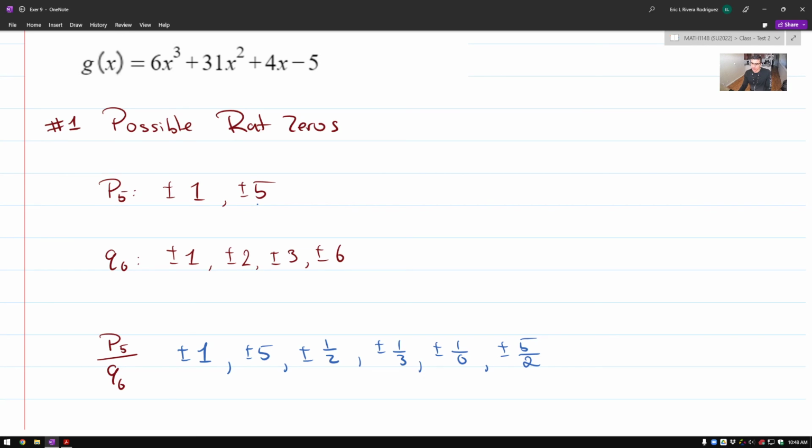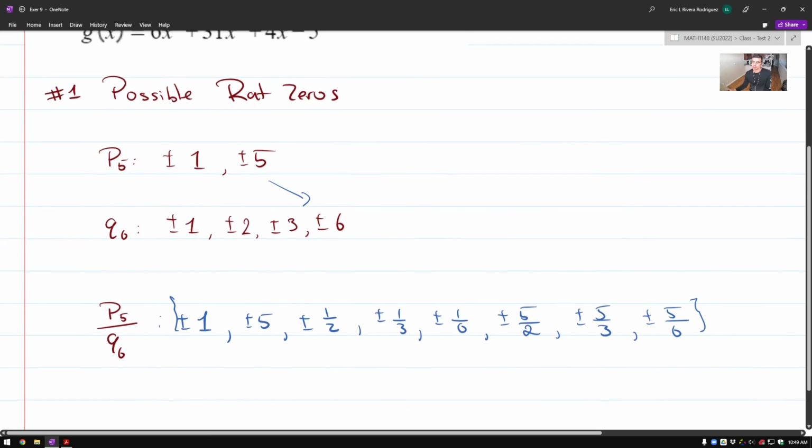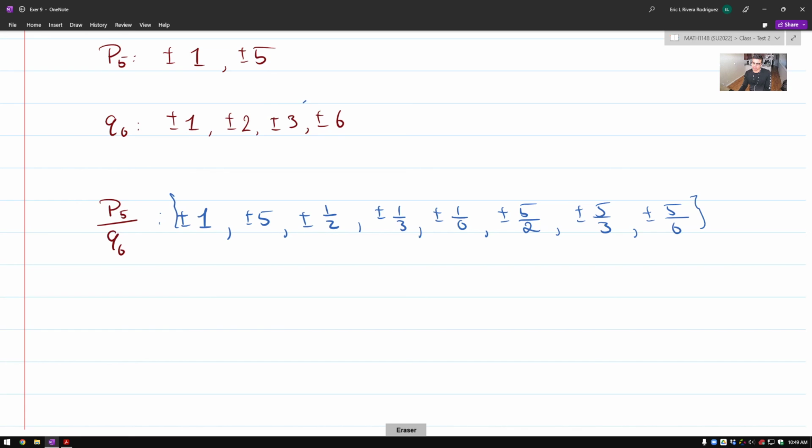Okay, so 5 over 2, then 5 over 3, plus minus 5 over 3, and then 5 over 6. I think I got everyone here. So that's the list. Do not forget the plus and minus.